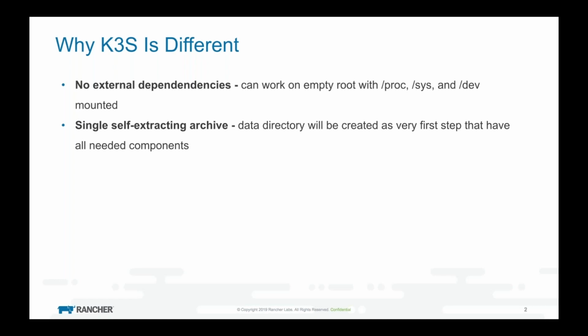What does that mean? K3s, when it runs, is just a simple binary. But the first thing that K3s does is extract an archive that has a user space of tools that can be used with Kubernetes, and Kubernetes depends on these tools, so you don't have to install any prerequisite tools before running K3s.